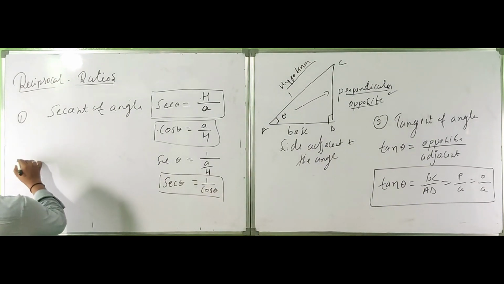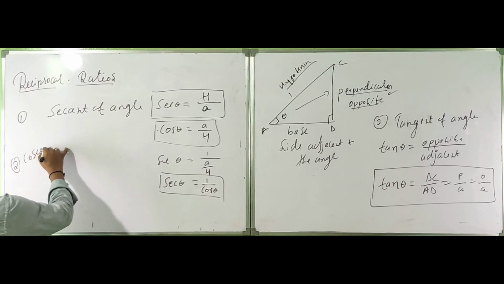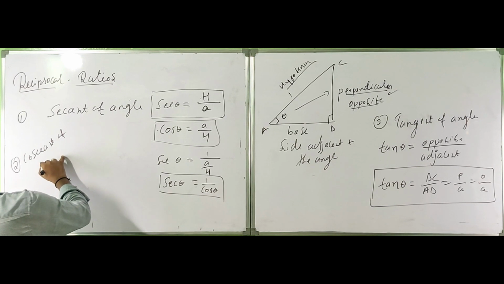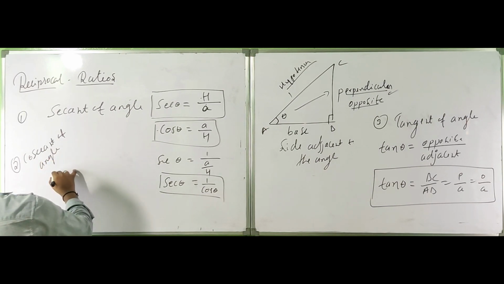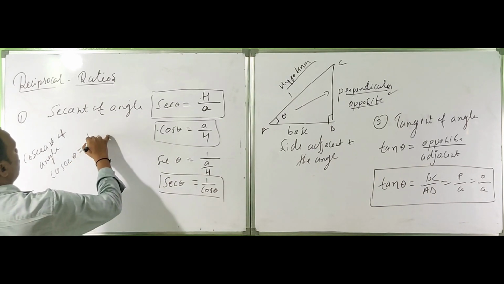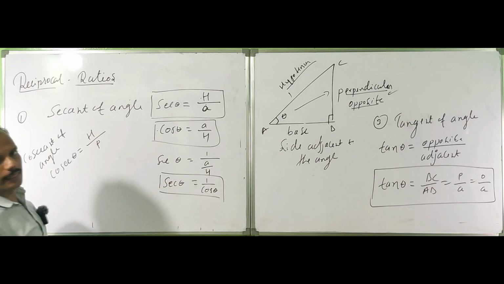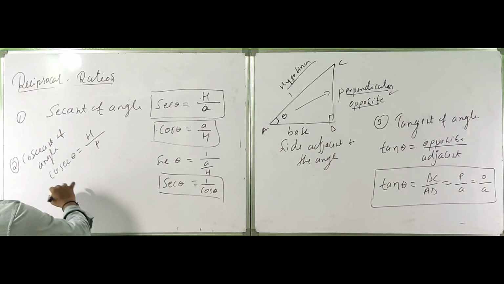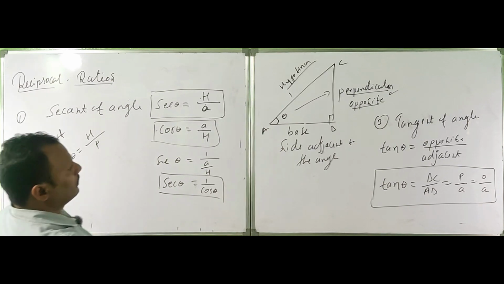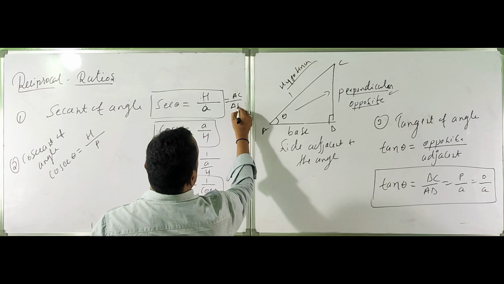cosecant theta we have. Second one is cosecant of angle, or cosec theta. Cosec theta is hypotenuse by opposite, H by P. If you want to write this one, AC by AB.